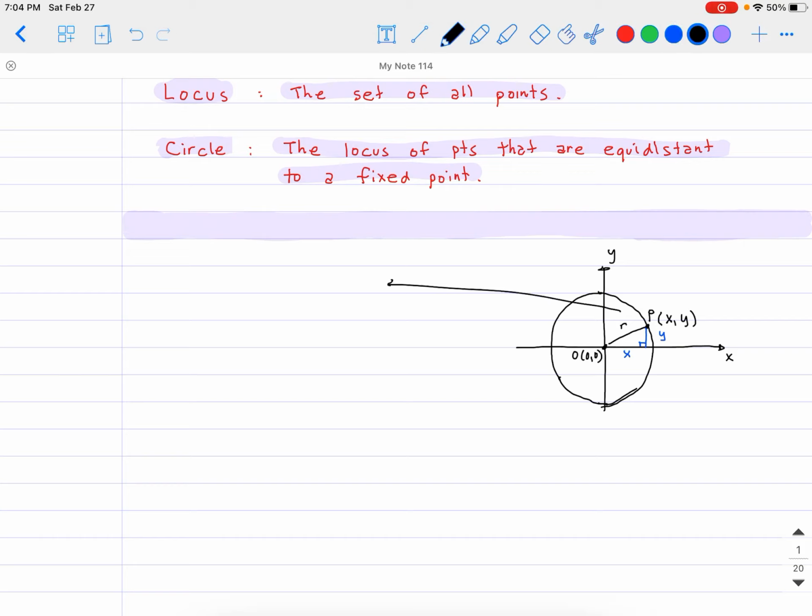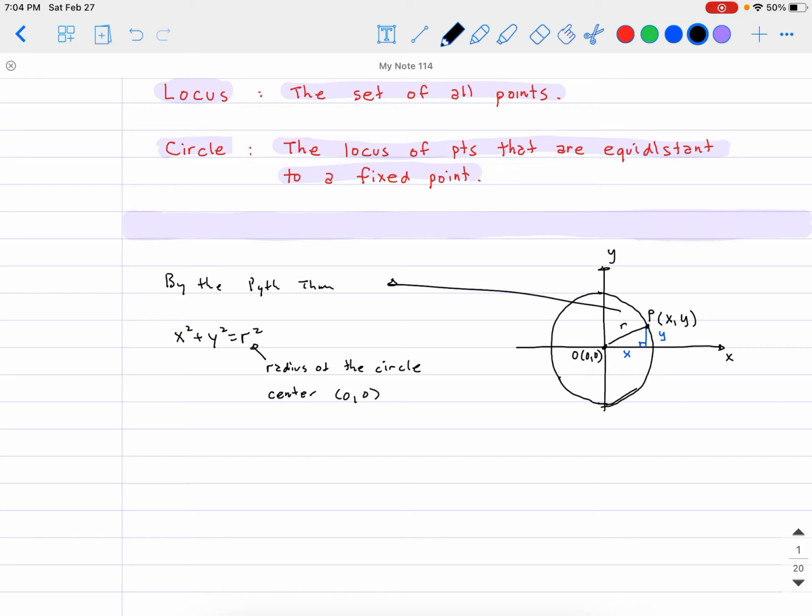So in here, then that means by the following. By the Pythagorean theorem, then the result is that x squared plus y squared is equal to r squared, where r is supposed to be the radius of the circle. So right there, that is going to be my general equation, where the center is going to be at 0, 0 then.